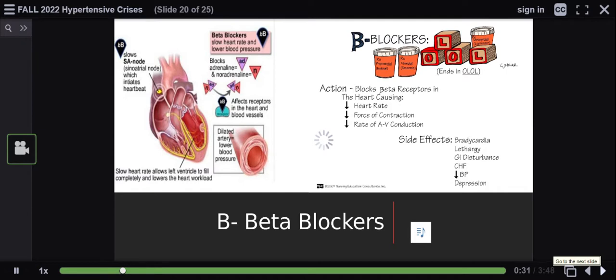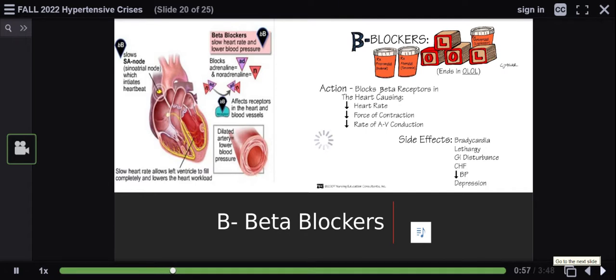What it does is it decreases the cardiac output and blocks the release of renin. Subsequently, it decreases the vasoconstriction of the peripheral vasculature. As you can see, there will be an effect on the heart rate. It slows the heart rate and lowers the blood pressure.